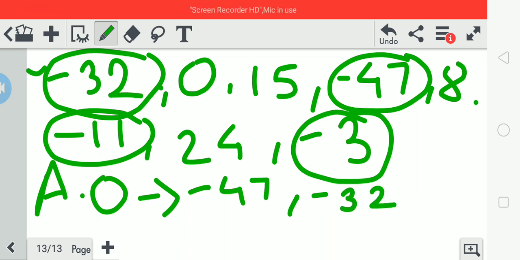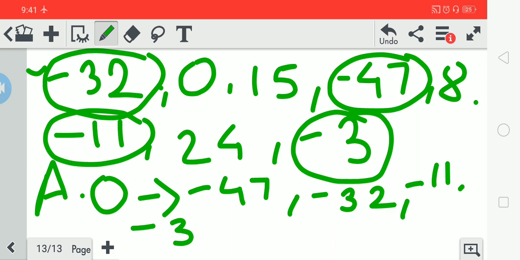After minus 32, minus 11, and after that minus 3, right? Because minus 47 is on the left side on the number line, minus 32 is on the left side of minus 11, and minus 11 is on the left side of minus 3. So this is the ascending order of the negative numbers.